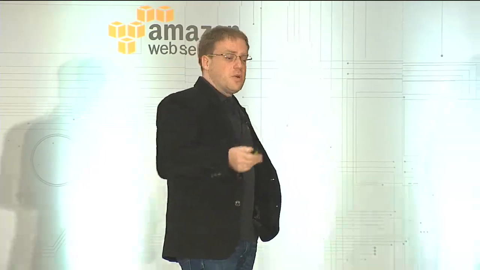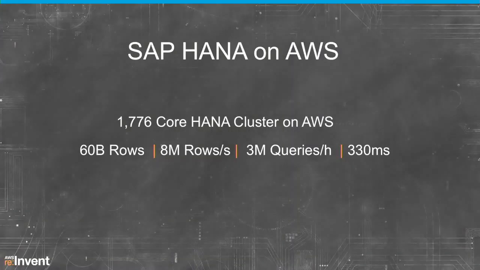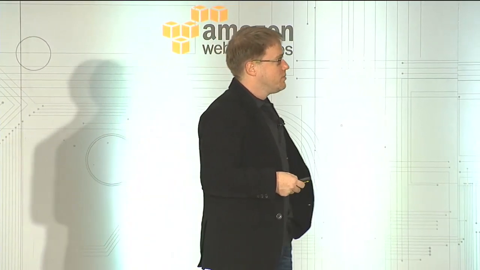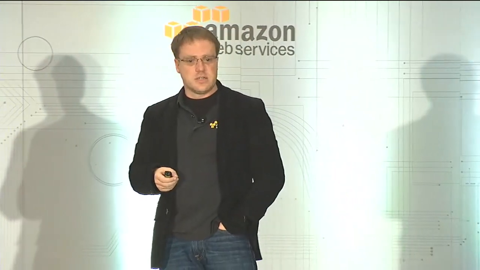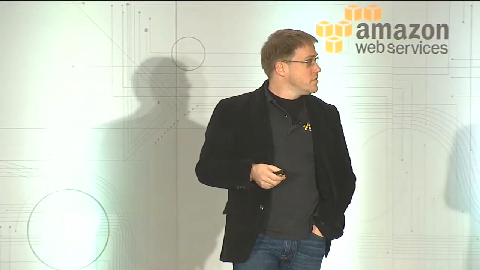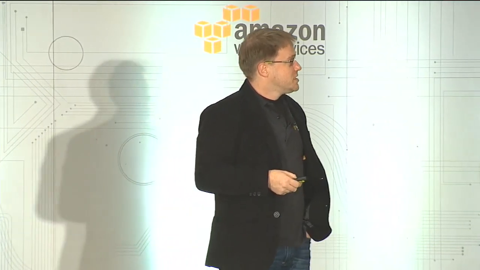So let me make you aware of an academic exercise we've been doing with SAP around scalability. They came to us with a request about, what was it, about 3 weeks ago, Deepak? For about 10,000 cores. And so we're working on building out a 10,000 core HANA cluster on AWS together. And here are some preliminary results. We've actually gotten up to 1,776. It's a nice American number, right?